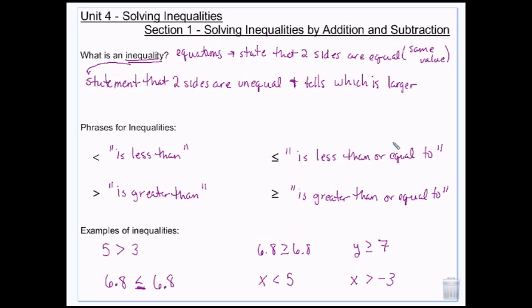If x is less than 5, x can be 4.9999 whatever, and anything below that. It just can never ever be 5. And y is greater than or equal to 7 tells us y can be 7, 8, 9, 10. So it can be 7 or bigger. So that's the difference between the two.